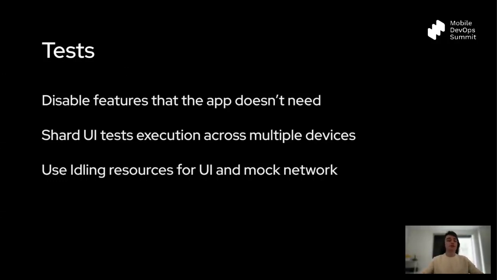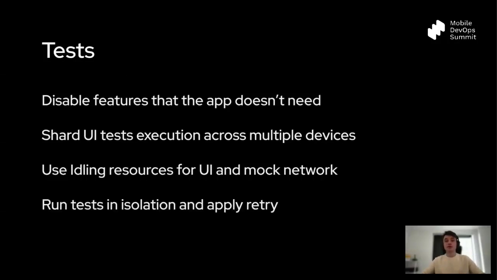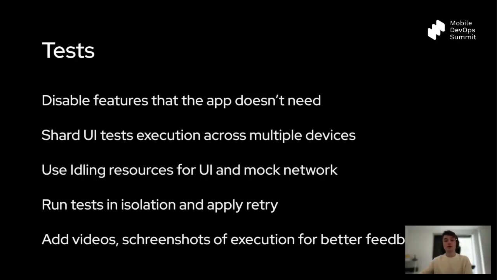As for network, you can mock the API so you don't have to wait for a real response and you don't have to wait for the server to respond to you. Run UI tests in isolation and apply retry if they're flaky to improve their stability. Also, try to add video and screenshots of the execution for better feedback so you better understand why UI tests are actually failing.